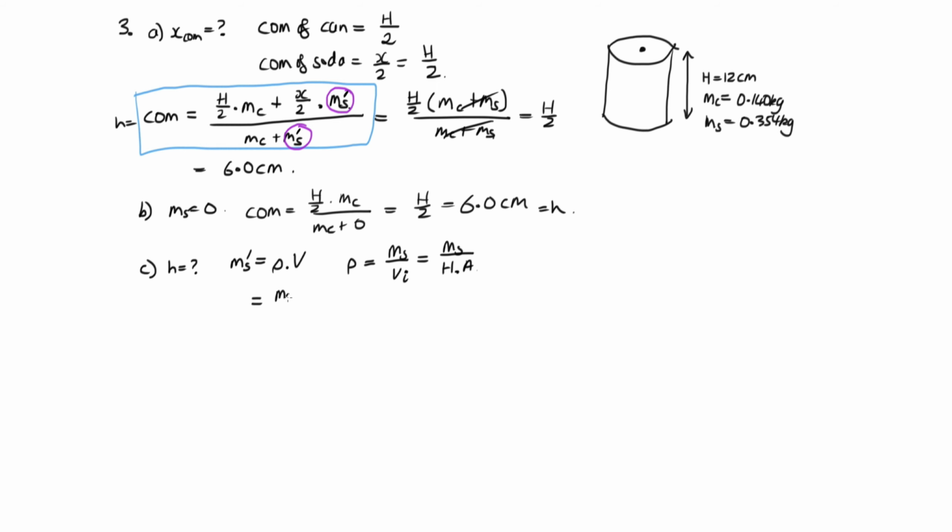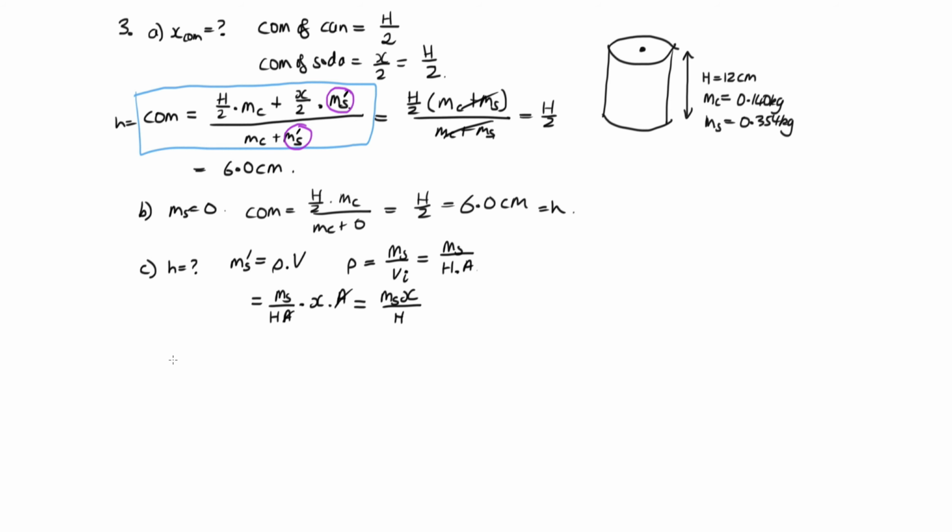So we've got ms over hA, and the volume in the can is, well, it's got a height x of soda and it's got cross-sectional area A. So these cross-sectional areas cancel out, and we've got the mass of soda which is actually in the can is the initial mass of soda times the height of the soda over the total height of the can.